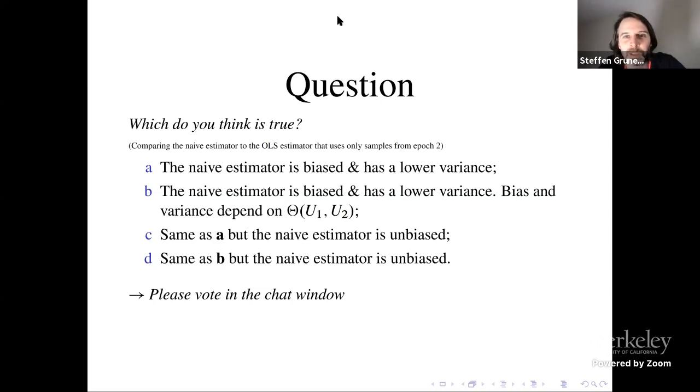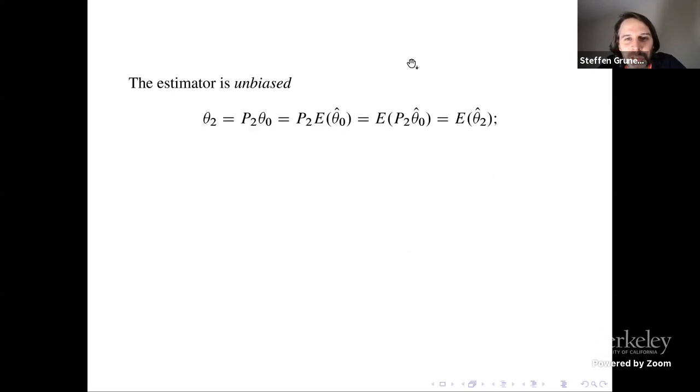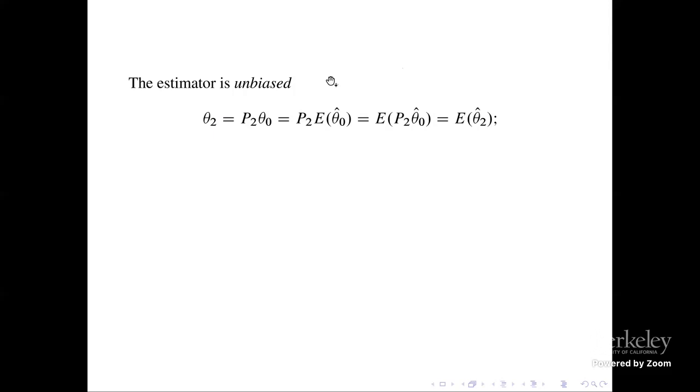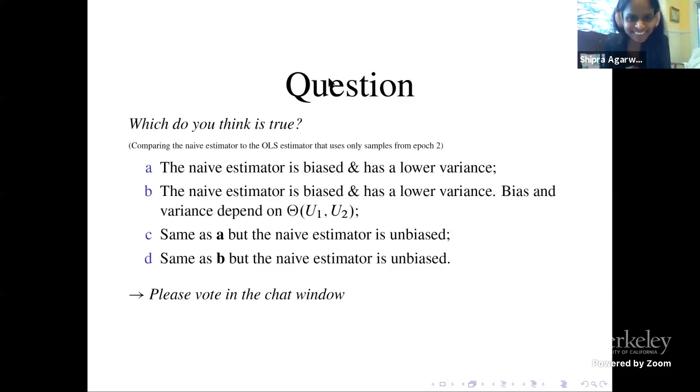I can't see the chat, if anyone actually voted or not. I think we need a little more time to read the question. Let me quickly explain the four points. The naive estimator could be biased or unbiased, so that's deciding between A, B and C, D. You would imagine that the variance of the naive estimator improves compared to the estimator which uses only samples from epoch 2.